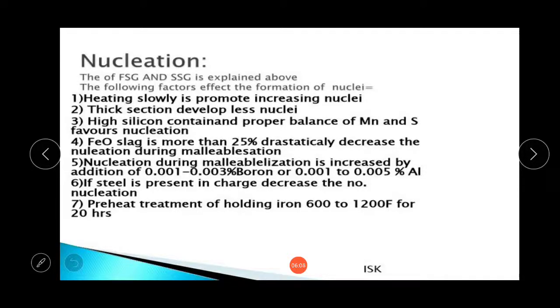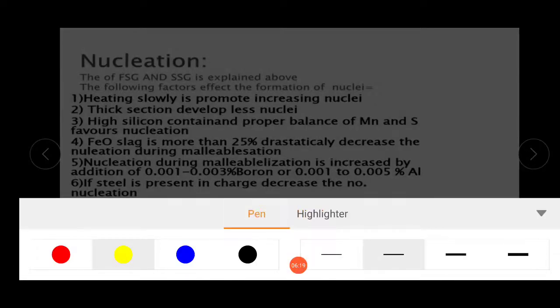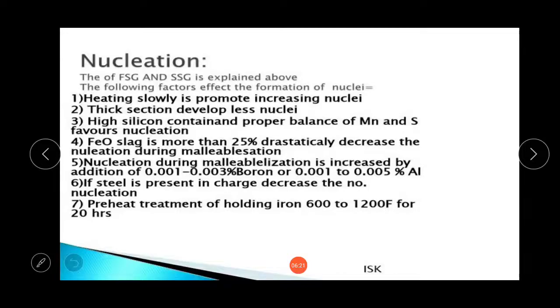Now we discuss the nucleation of the tempered graphite in the malleable cast iron, such as ferritic or pearlitic. First point is heating slowly promotes an increase of the nuclei.